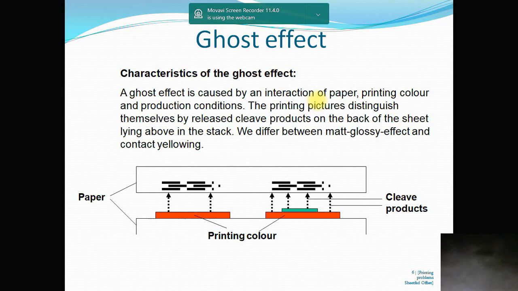Because of certain problems, the back of the uppermost sheet is streaked with the pictures of the lower sheet. We differ between matte glossy effect and contact yellowing. Here the ghosting, and there is another one also which is called matte glossy effect and contact yellowing.